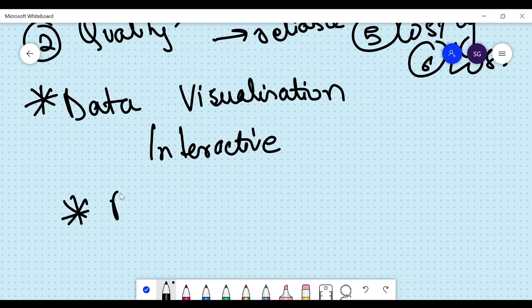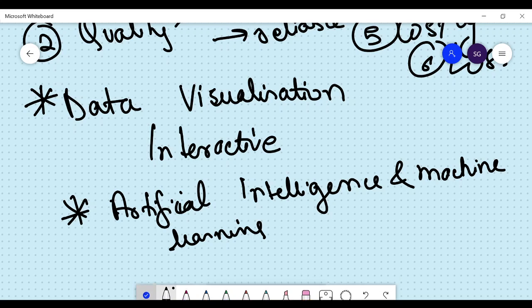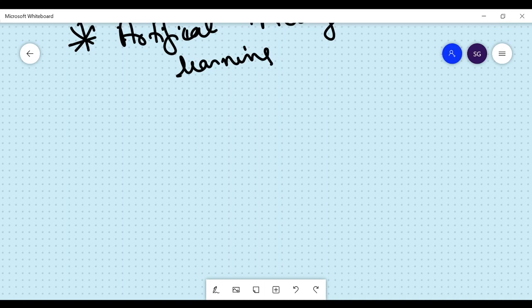Next is artificial intelligence and machine learning. Artificial intelligence is systems that sense, comprehend, act, and analyze big data to solve problems for themselves. Applications of artificial intelligence.